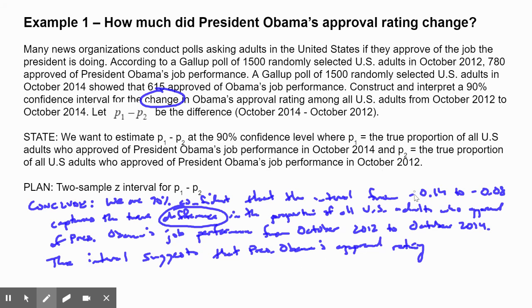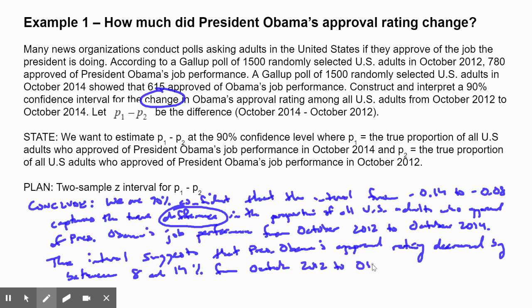So we have to attach a word to this minus sign. Decreased by between 8 and 14% from October 2012 to October 2014.